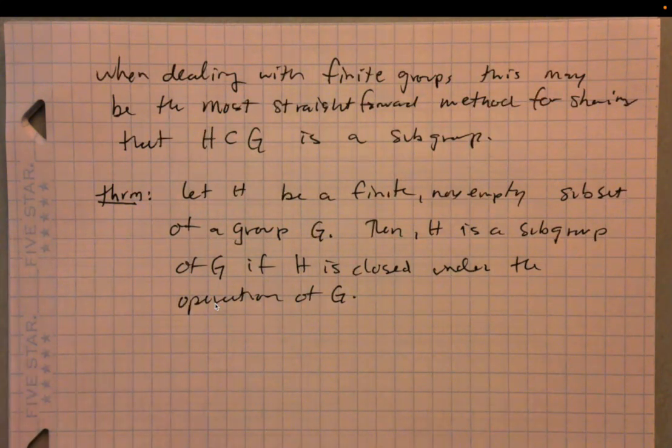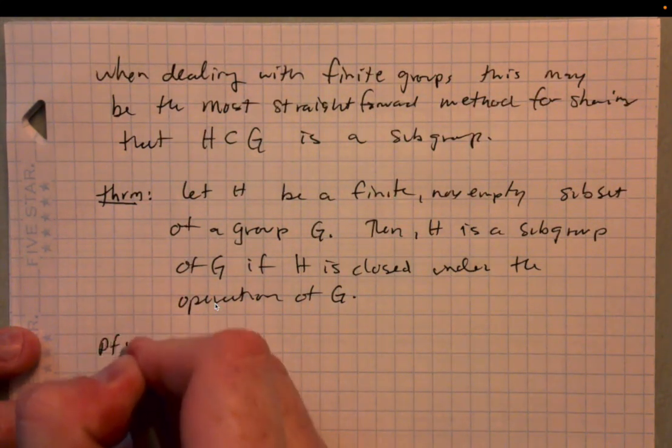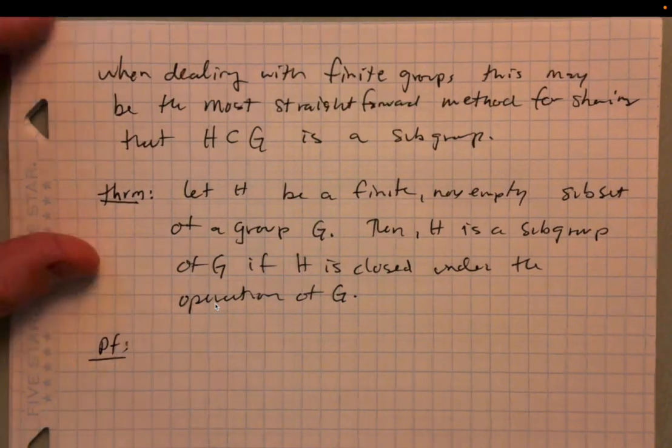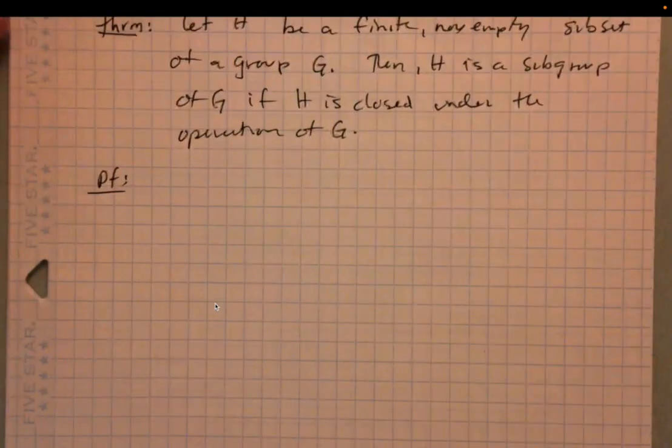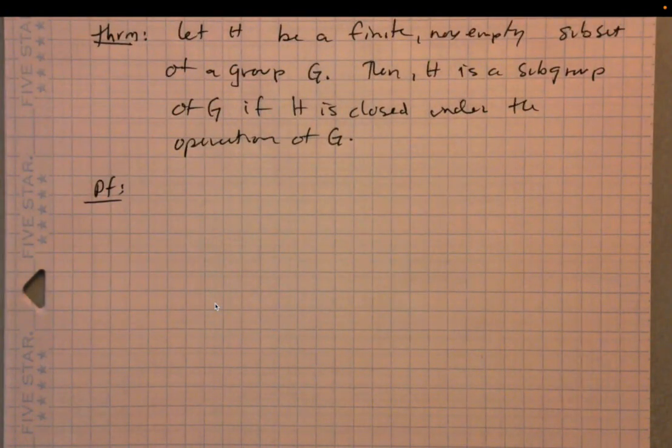All right, so let's prove this one. This one will be a little bit more challenging, but I think we can do it. To prove this test, we really need only show that the inverse of a is in H whenever a is in H. And if we can do that, then we'll be able to fall back on the two-step test from the previous theorem.